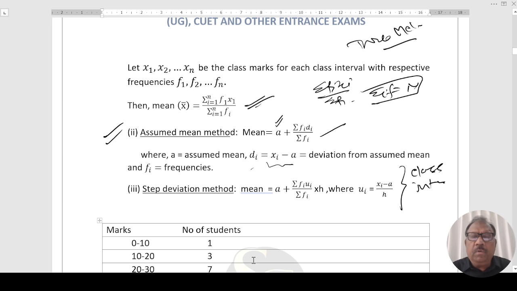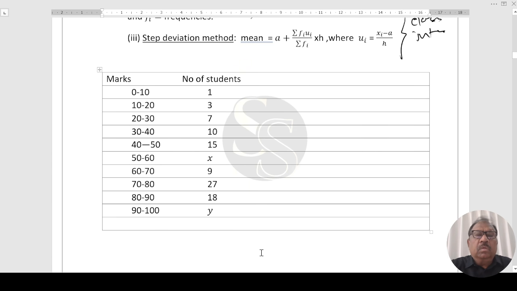Now to start the question, this is the class interval, this is the number of students. In this case, xi is the midpoint of class interval.